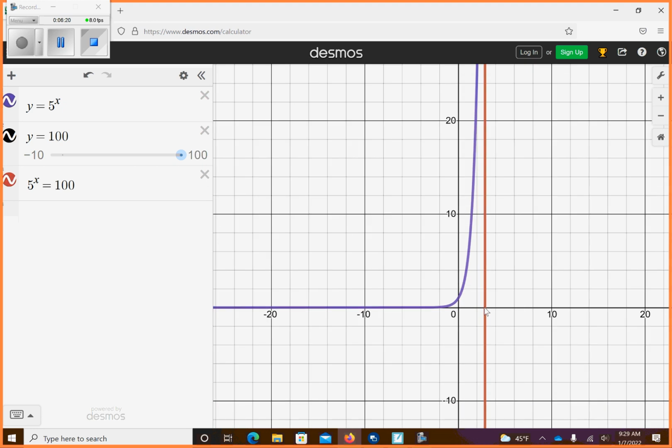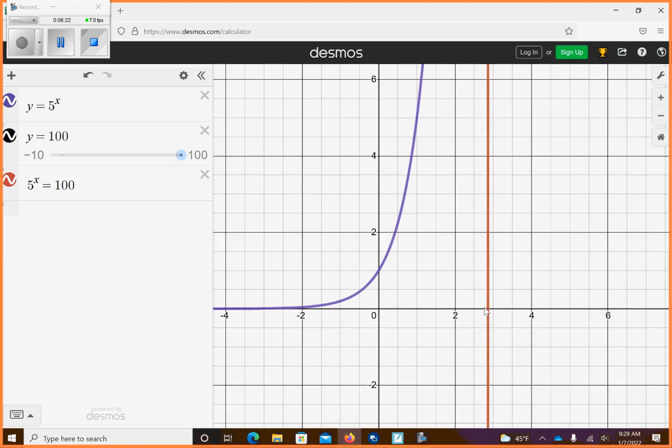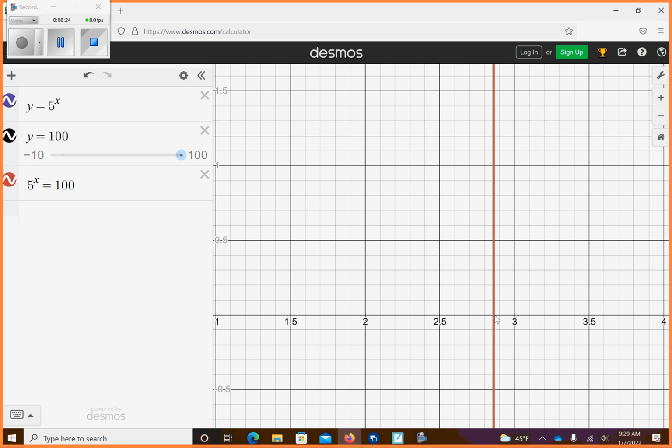I'm just wondering why it's not showing me the intersect. So I guess the way that we just showed it did indeed work both ways, which is fine.